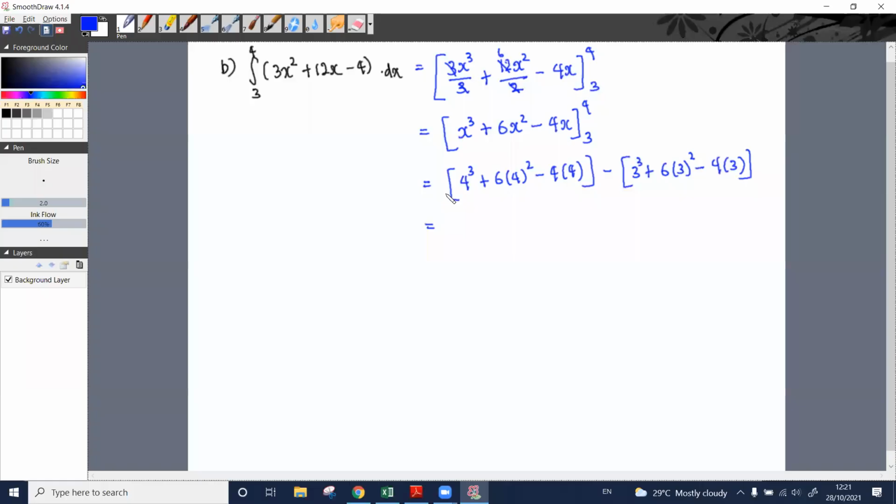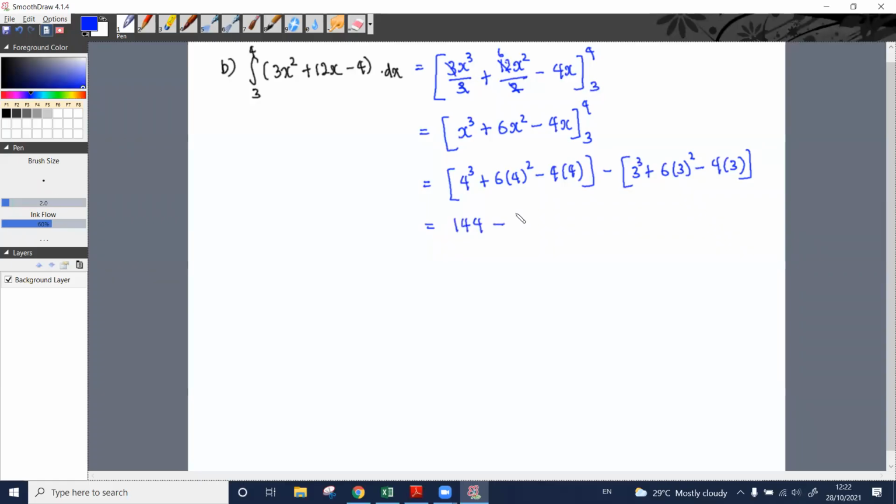After simplification, 4 to the power 3 plus 6 into 4 squared minus 4 into 4 means 144.